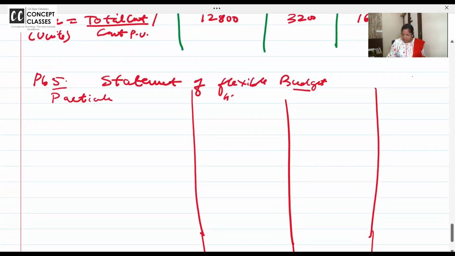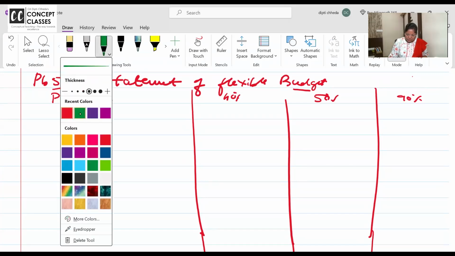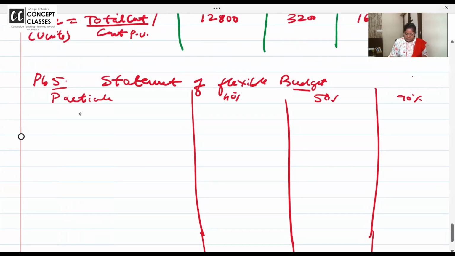Right now, it's working at what percent? 40%. Next, 50%. Next, 90%. And then what is given to you in the question?